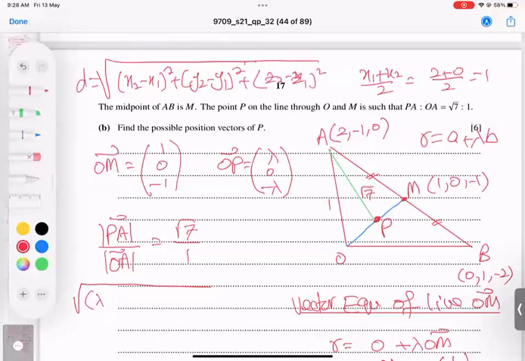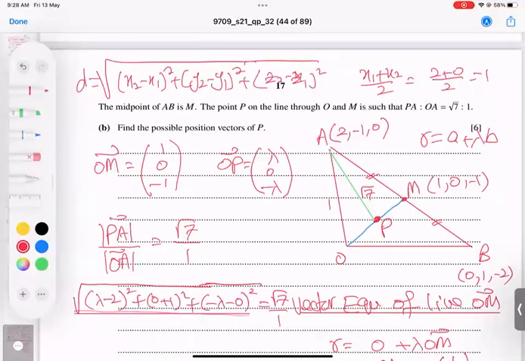So (lambda minus 2) whole square, plus (0 minus 1) whole square, plus (minus lambda minus 0) whole square, is equal to √7 by 1.